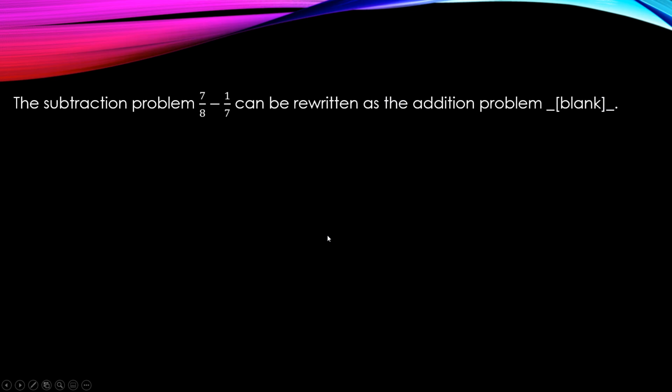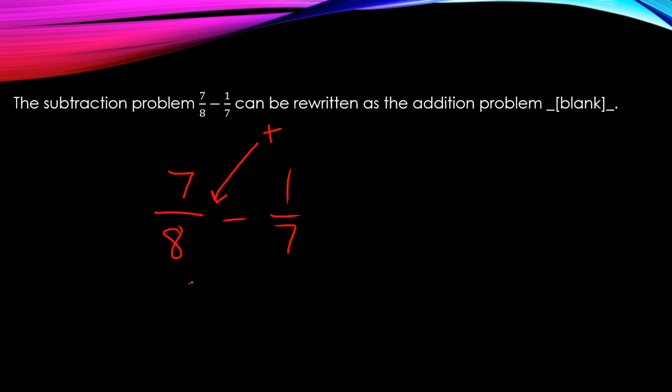We want to take the subtraction problem and rewrite it as an addition problem. Remember that when you are rewriting something as an addition problem, nothing changes; you are only adding your plus sign, and your plus sign goes directly after your first number and right in front of that subtraction sign.